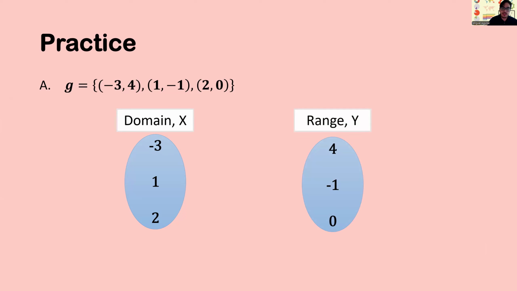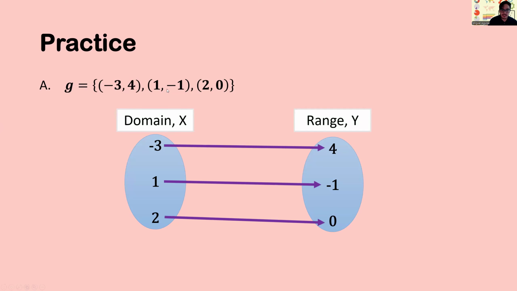So if you needed to, you could draw these little bubbles that contain all the elements in your domain and all the elements in your range. And then you could use the ordered pairs to draw arrows connecting the x values to their partner y values. So -3 maps to 4, 1 maps to -1, 2 maps to 0.